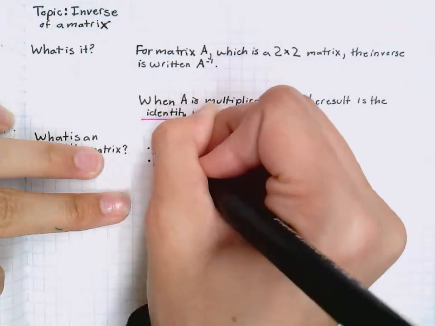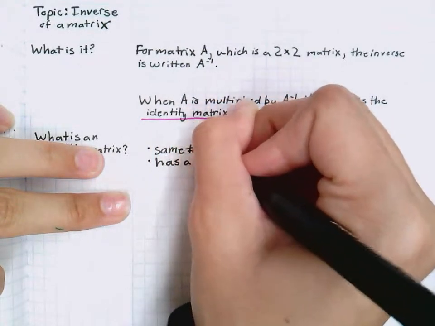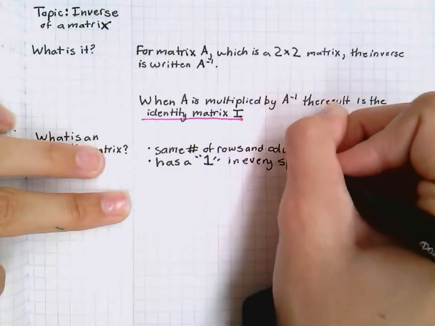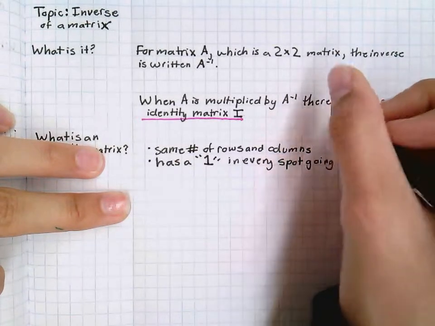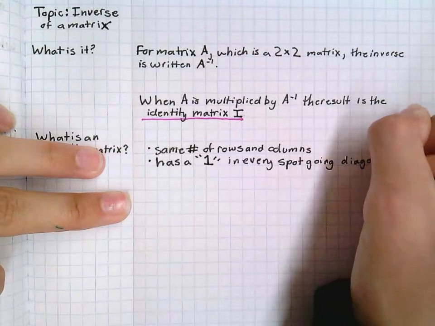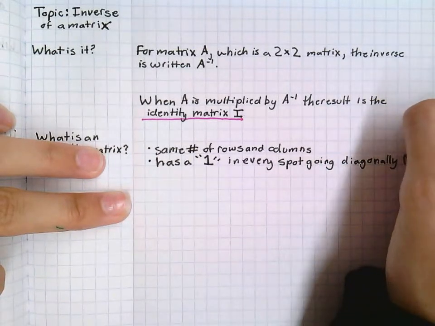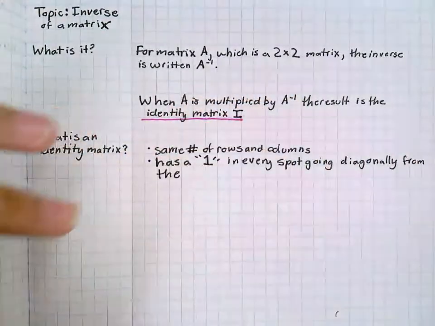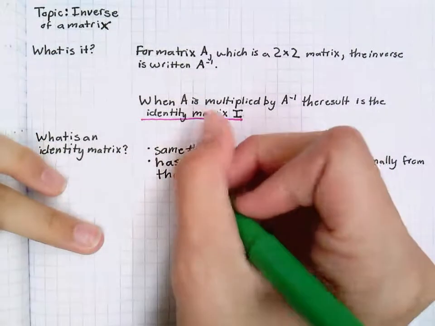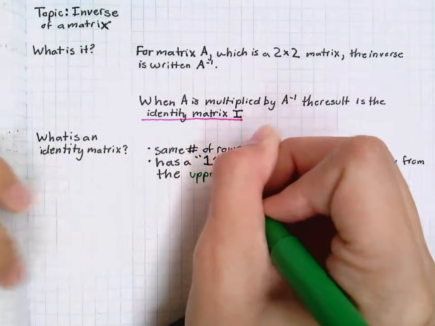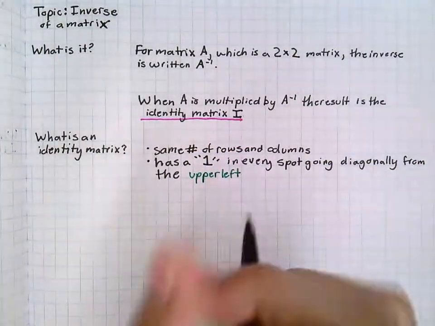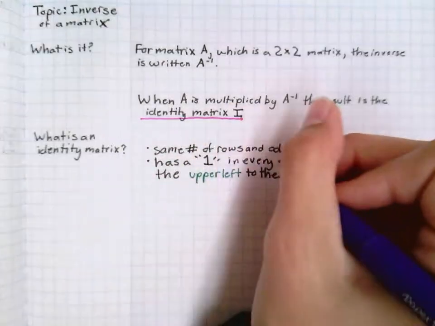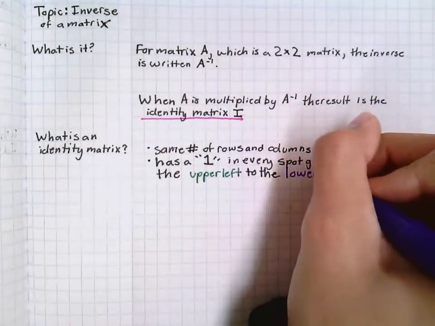It has a number 1 in every spot going diagonally, starting from the upper left to the lower right.